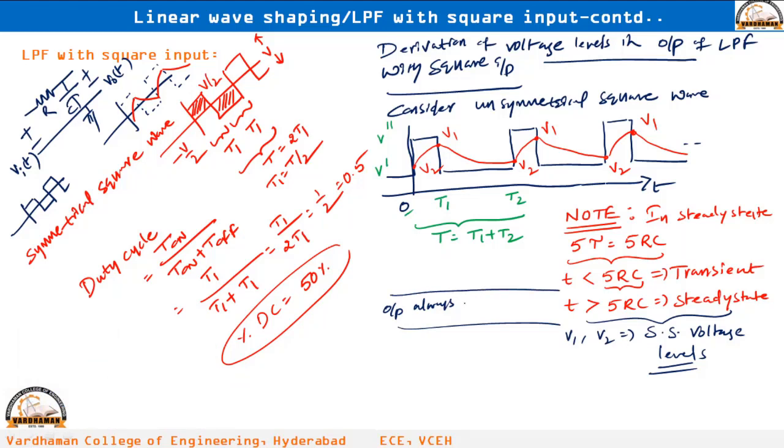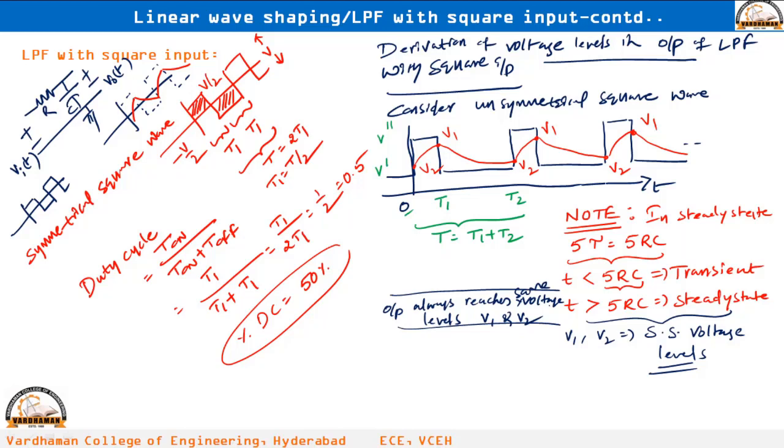So the output always reaches the same voltage levels. Output always reaches the same voltage levels, V1 and V2. Very important. Okay.